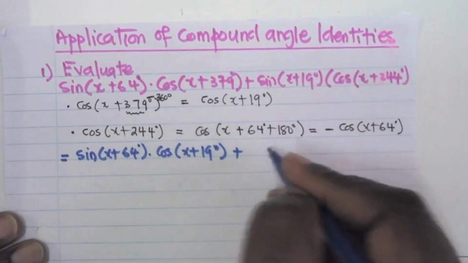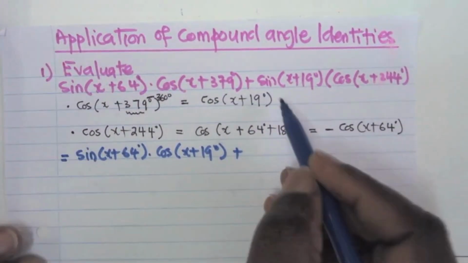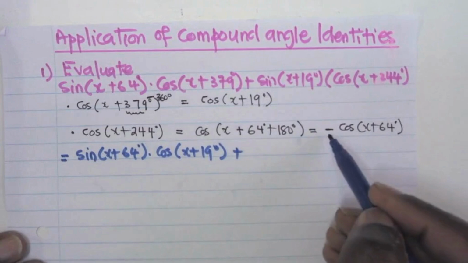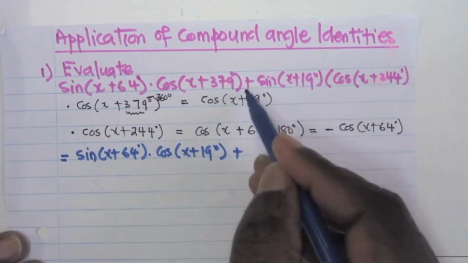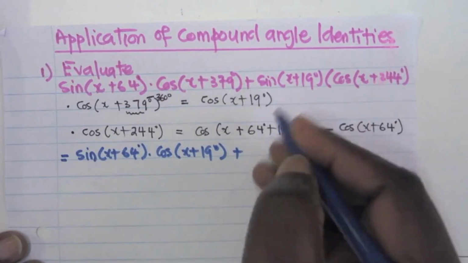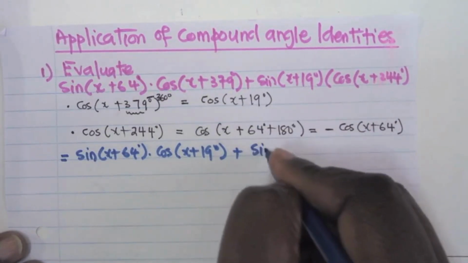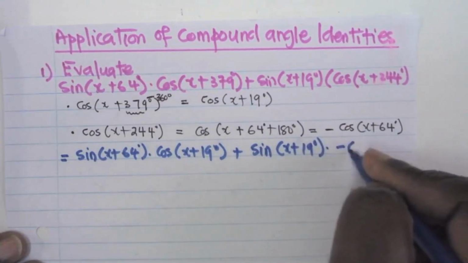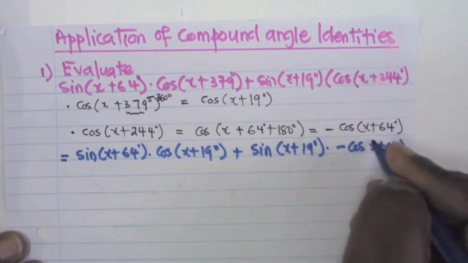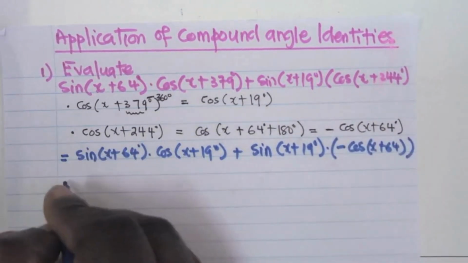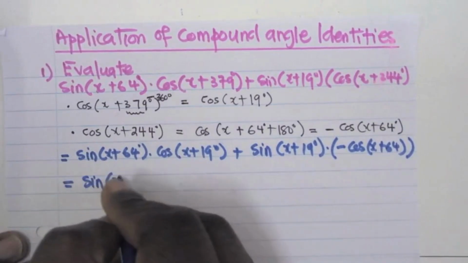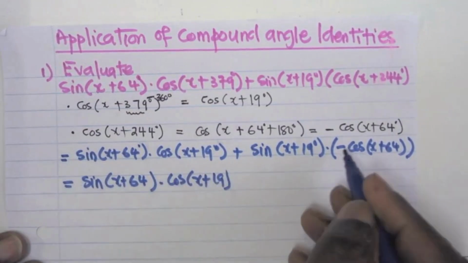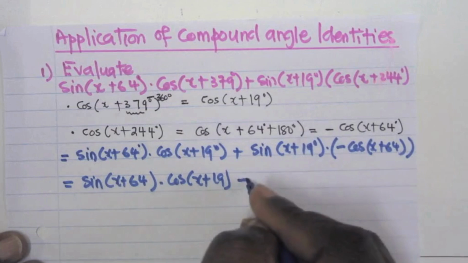Then plus sin(x + 19), but I can see here I've got a negative, and this negative here is going to affect this positive here. But let me just substitute. And then here I've got, and then I'm going to get a negative, and the positive gives me a negative.